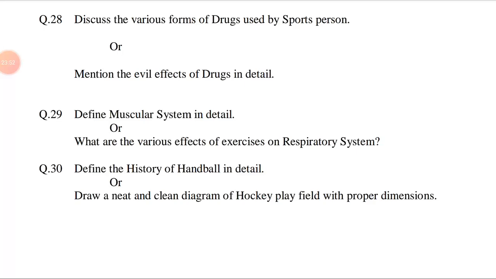This question is related to chapter number 5, Health and Family Education. Discuss means talk over, talk about, write in details. Various means more than, several, many. Forms means shape, appearance. Drugs means a substance which has a physiological and psychological effect on human body.